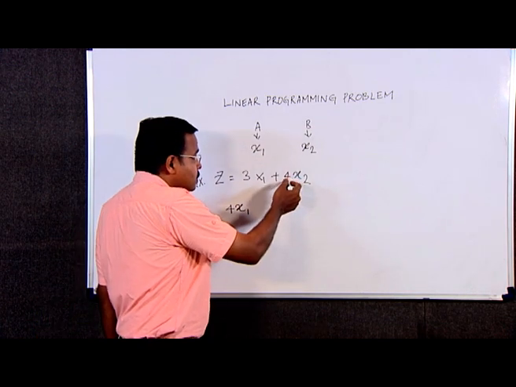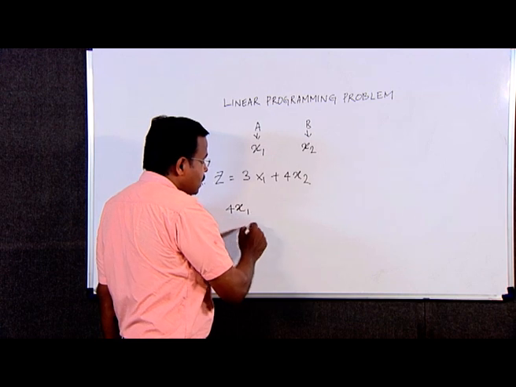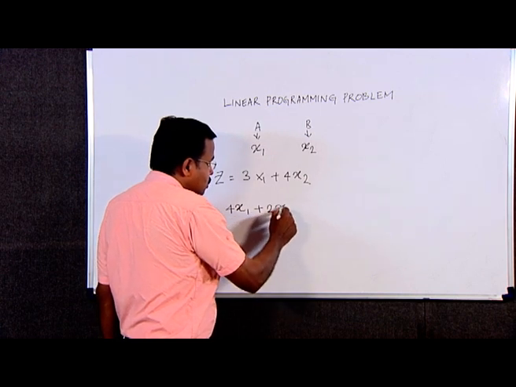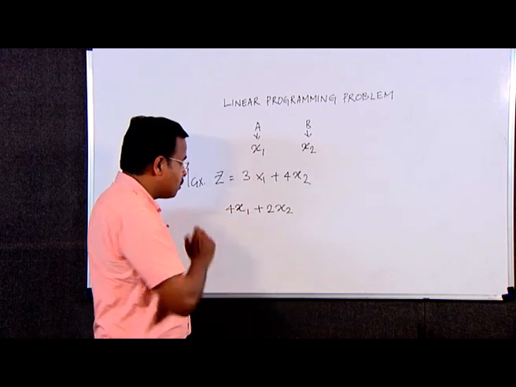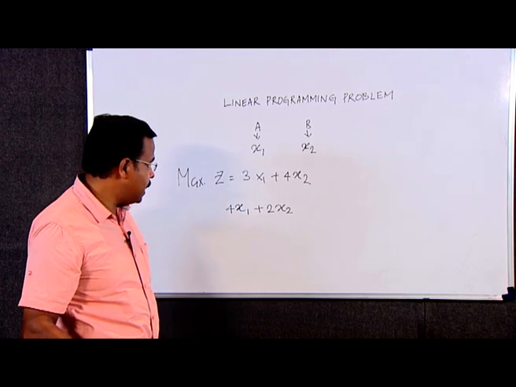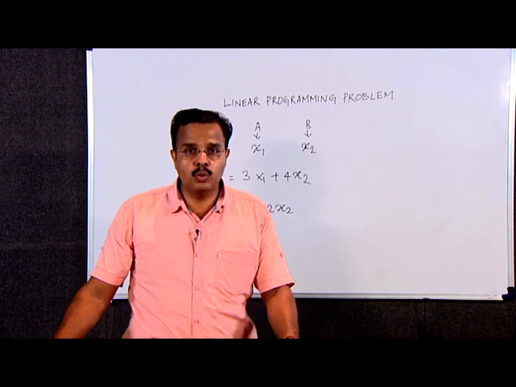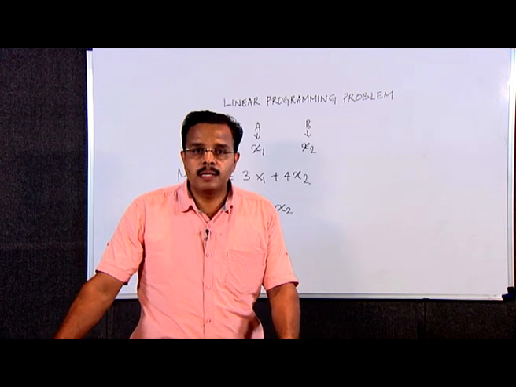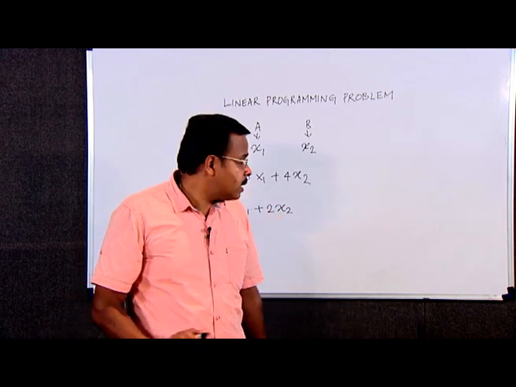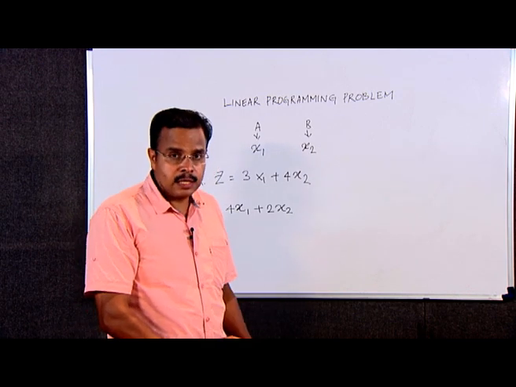So, for x2 items of B model, the total grinding hour required is 2 x2. So, the total grinding hours required for producing x1 of A model and x2 of B model is 4 x1 plus 2 x2. But the total available grinding hour is limited.